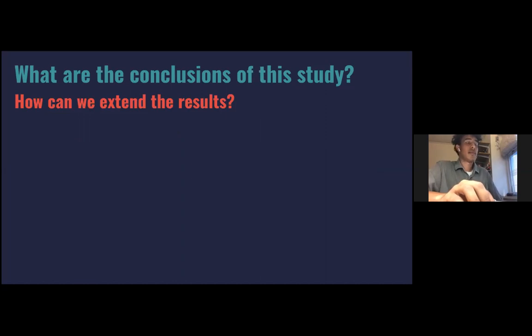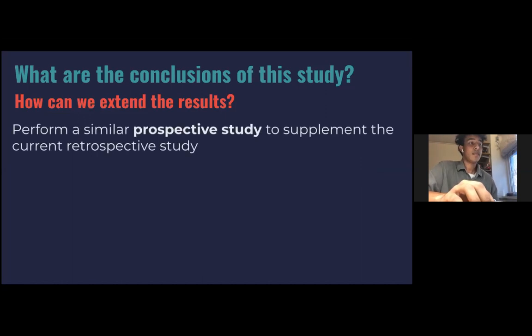Okay, so now I'm going to go a bit into the limitations of this study as well as some future directions of this research. First, a really good way that this research could be extended is through the performance of a similar, what's called a prospective study, in order to supplement the current study, which is, again, a retrospective one.